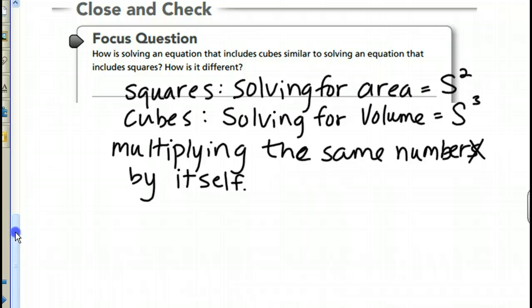So for squares, you're solving for area. For cubes, you're solving for volume. And in both of them, so this is what's similar, in both of them, you're multiplying numbers by themselves, or multiplying the same number by itself.